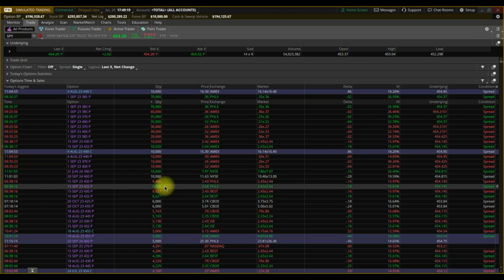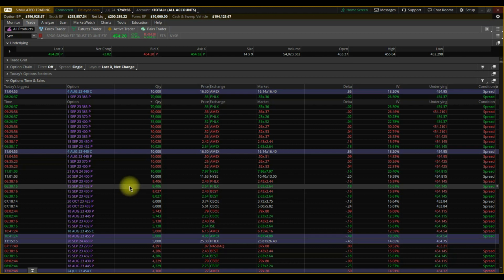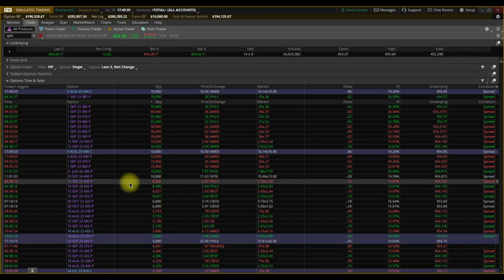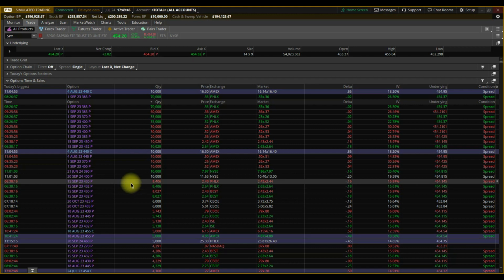It's close to $17,000. And it's 15 September. So if the S&P starts coming down, that 432 is going to go up in price. And as soon as it makes 432, they'll be in the money.